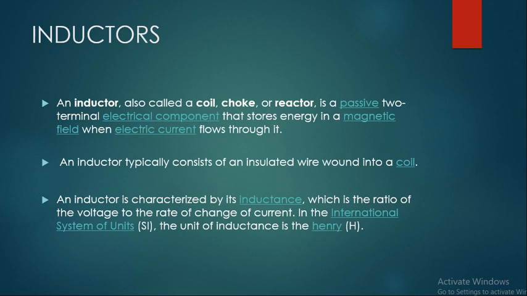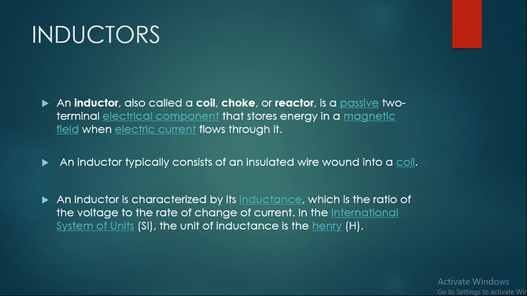It is a passive two-terminal electrical component that stores energy in a magnetic field when electric current flows through it. An inductor typically consists of an insulated wire wound into a coil. You must have seen many examples of inductors around yourselves.